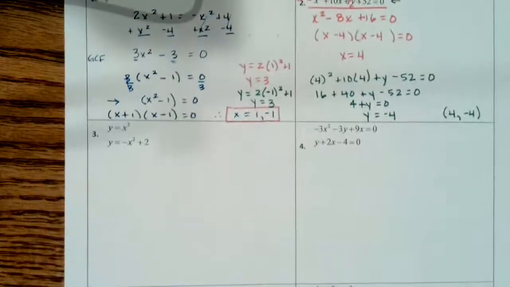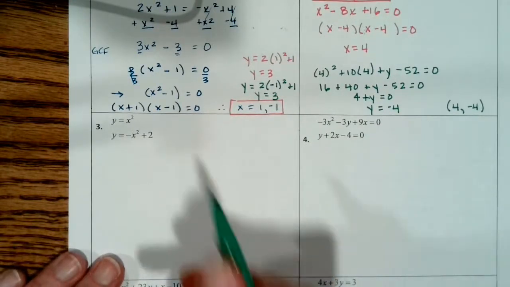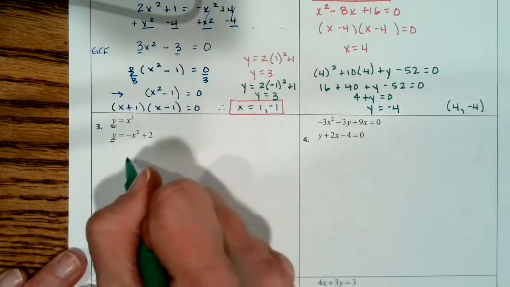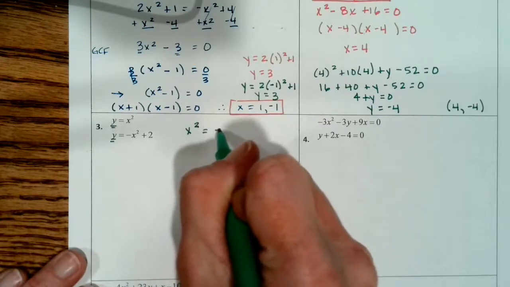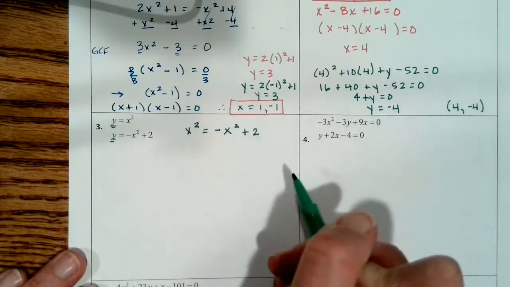Alright, when we look at our next problem, y is equal to x squared and y is equal to negative x squared plus 2. Because each of these are set equal to y, I can set them equal to each other. X squared is equal to negative x squared plus 2.